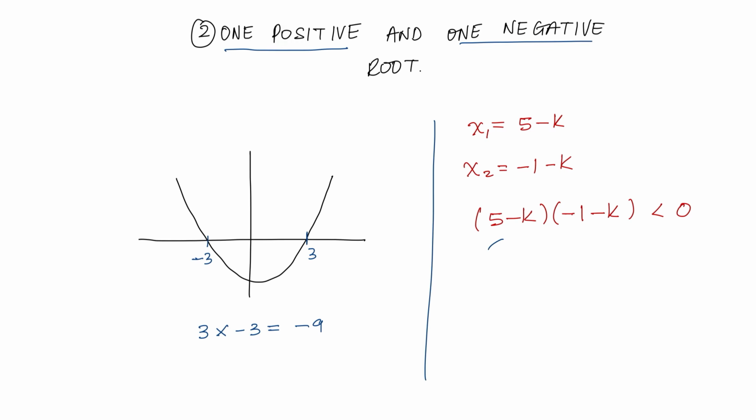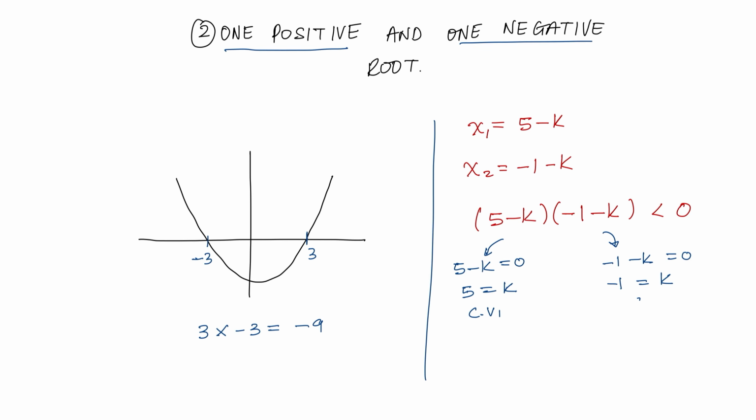First, we will say that 5 minus k is equal to 0. That means 5 is equal to k. So this is critical value 1. The other one will be minus 1 minus k is equal to 0. So that means that minus 1 is equal to k.